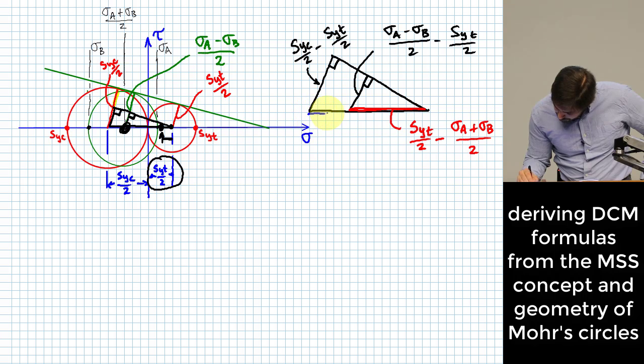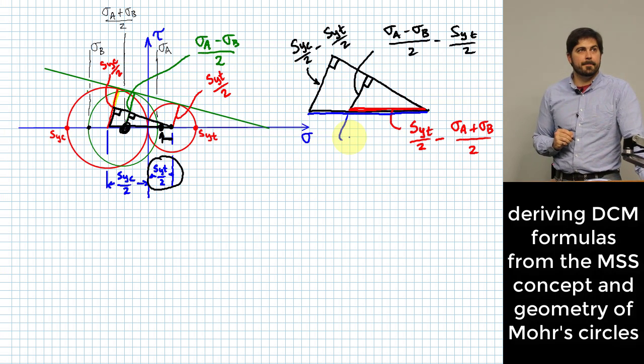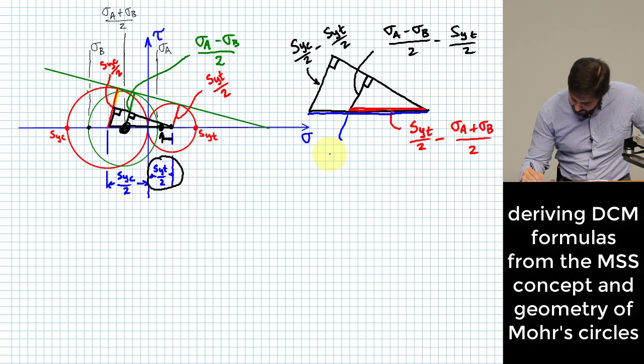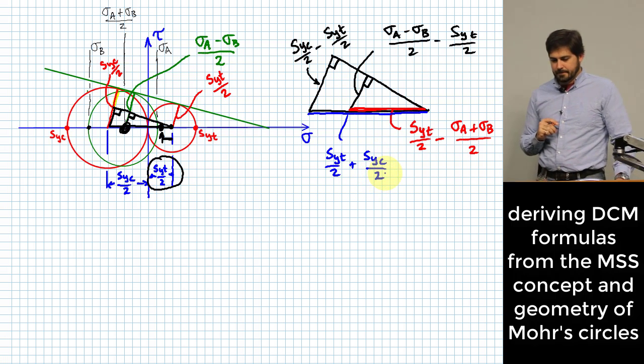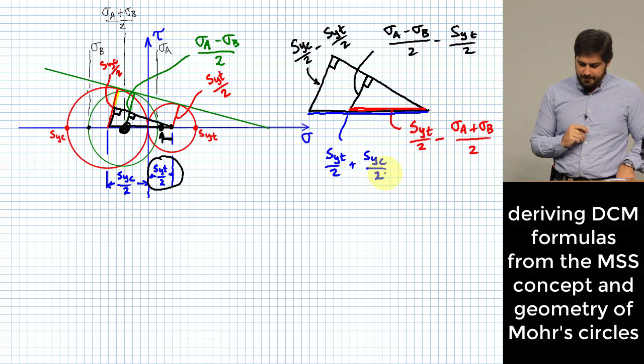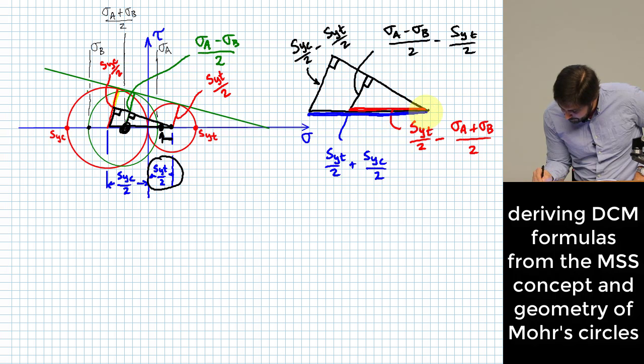And then I guess I'll use blue down here. For that length, what do I have? That one's pretty easy. That'll be S sub yt over 2 plus S sub yc over 2. Yeah, this whole bottom length.